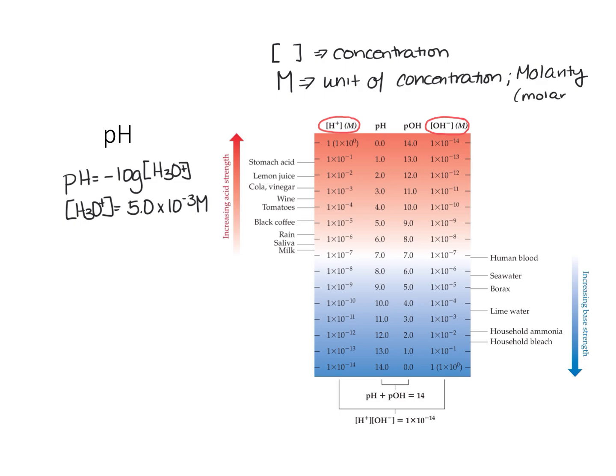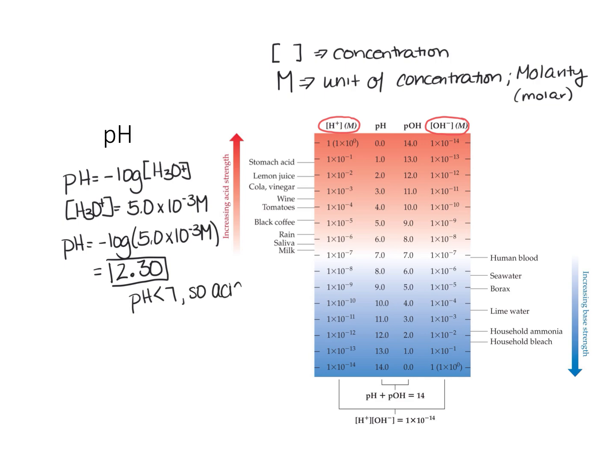You'll hear it called molar a lot. To calculate the pH, we're going to take negative log and put in 5 times 10 to the negative 3 molar. And when we do that math in the calculator, we should get 2.30. This pH is less than 7, so this solution is acidic.